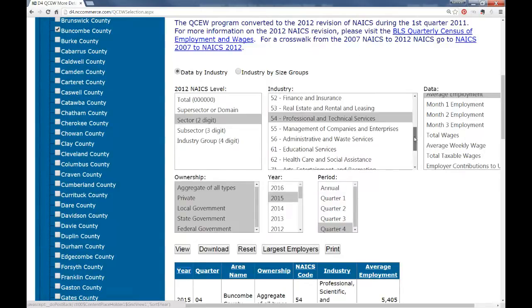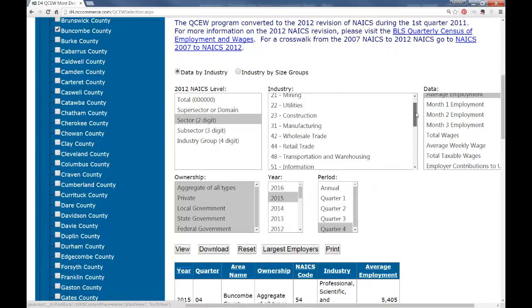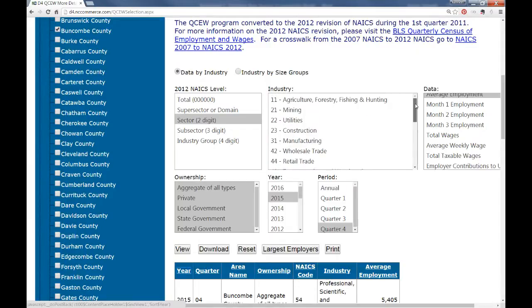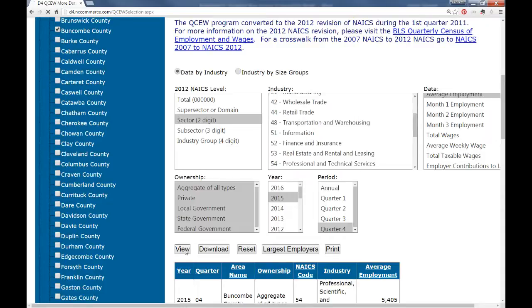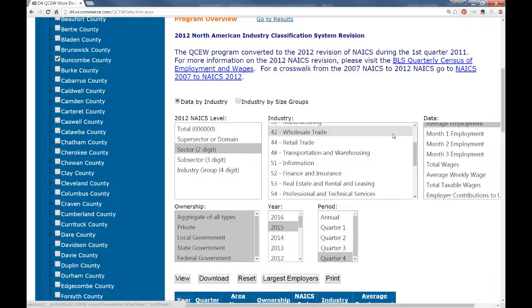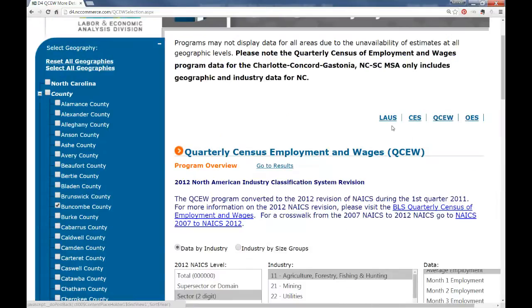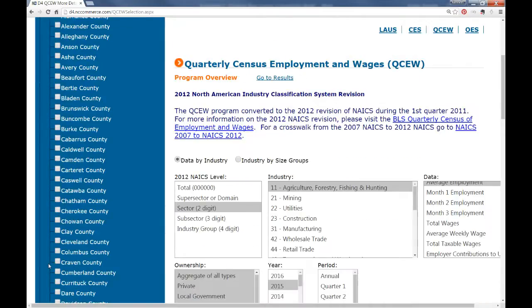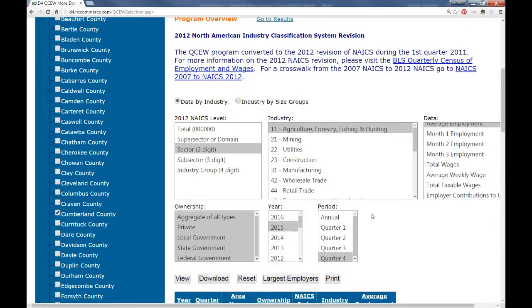That was a little surprising to me. But let's look at agriculture, forestry, hunting, and fishing. There might be a variance there. And you see here, all of the jobs in this case are private jobs. So if you live in a place, let's go to Cumberland just so I can say we did it. It might be that over time they've moved all those jobs into public administration.